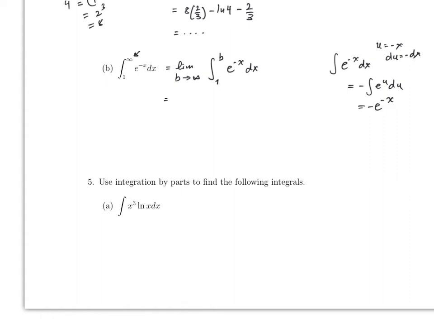Therefore, this is the same thing as the limit as b goes to infinity of minus e to the minus x from 1 to b, or the limit as b goes to infinity of minus e to the minus b minus, minus e to the minus 1. Okay, so the minus goes outside.